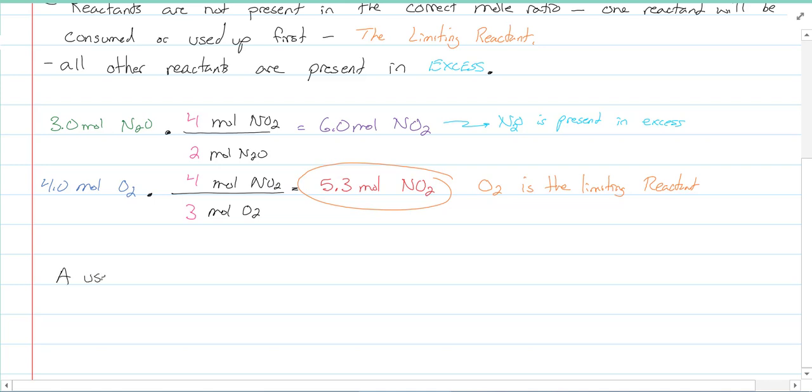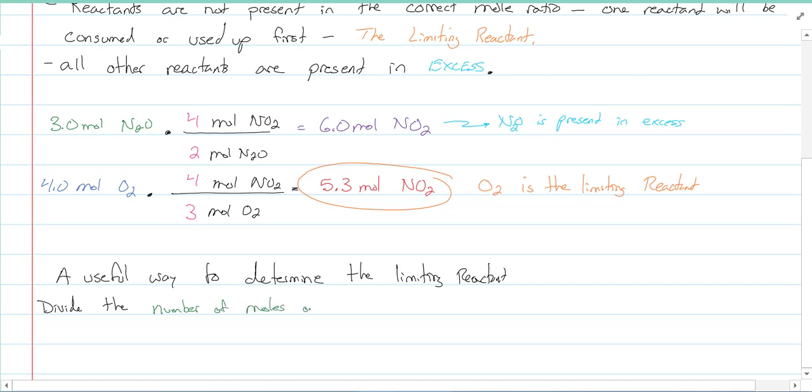So a useful way to determine the limiting reactant is we divide the number of moles of each reactant by its coefficient in the equation.